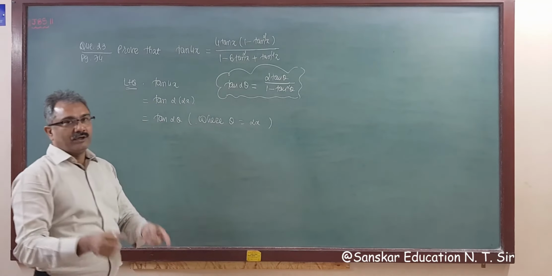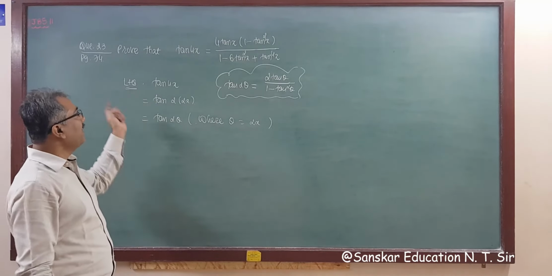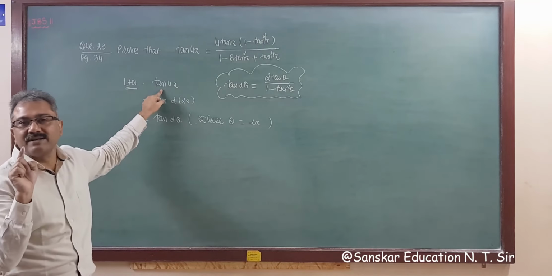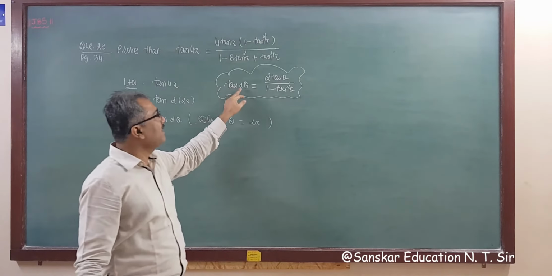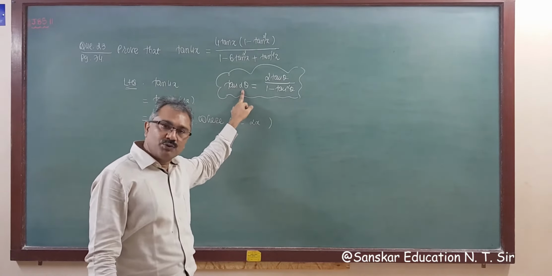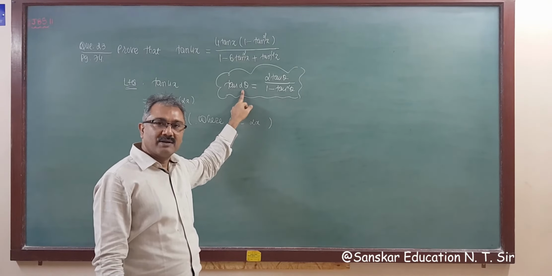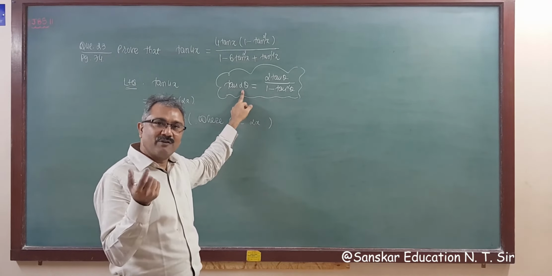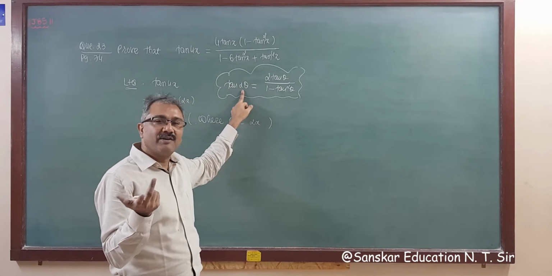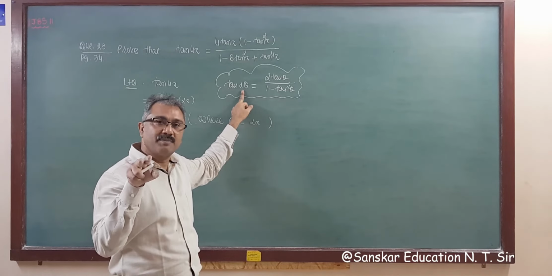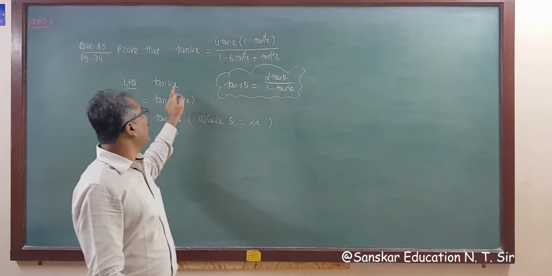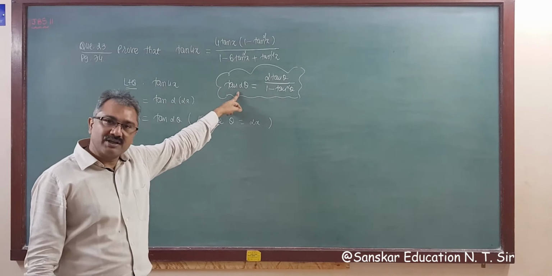Got it? Got the idea? We have formulas for tan 2 theta and tan 3 theta only. If we multiply 2 by 2, then we get 4. If we want to apply the 3 theta formula, we have to multiply by 2 and 6 becomes. So it is better to apply the tan 2 theta formula.